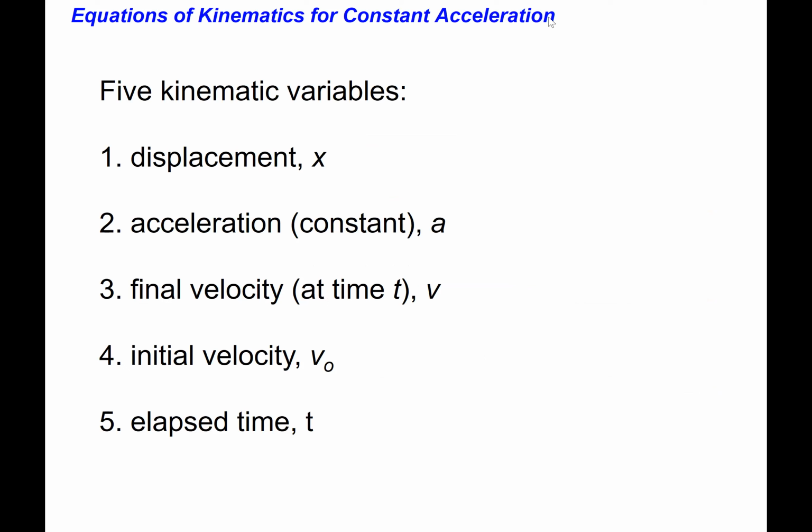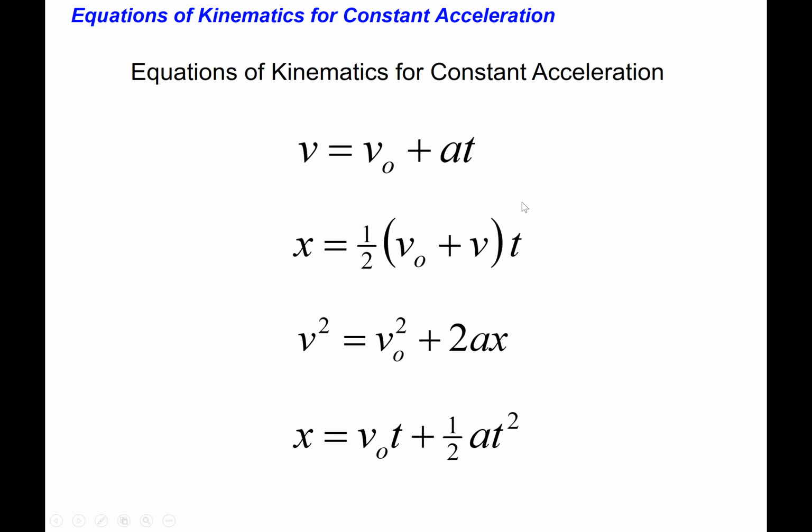Here we have our 5 kinematic variables. The 5 variables are the displacement vector, acceleration, final velocity at time t, initial velocity, that means the velocity it has at the beginning of the problem, and the elapsed time. With these 5 kinematic variables, we can write the 5 kinematic equations.